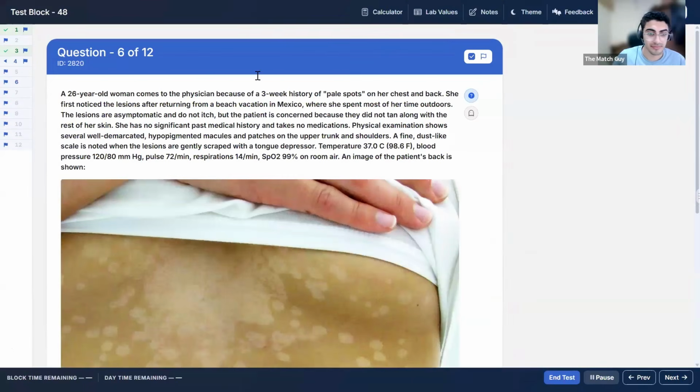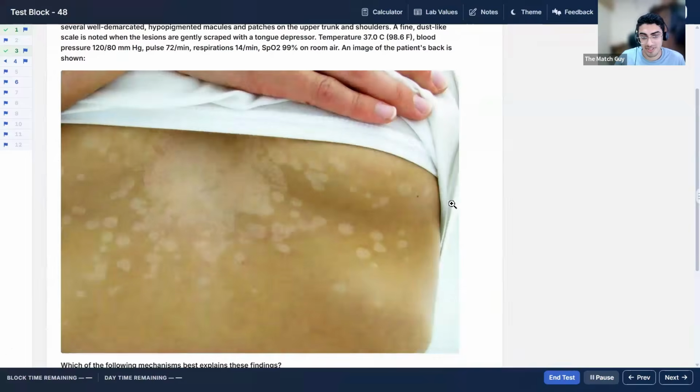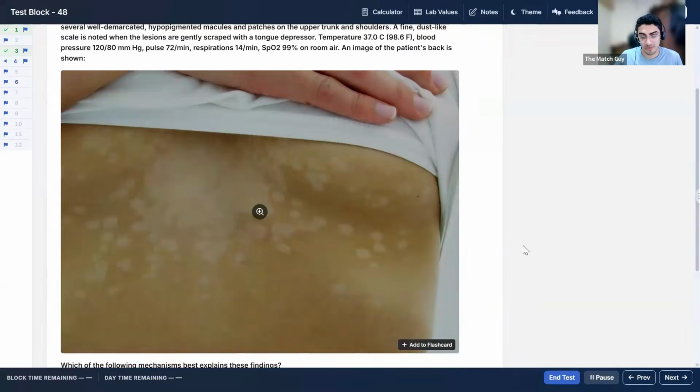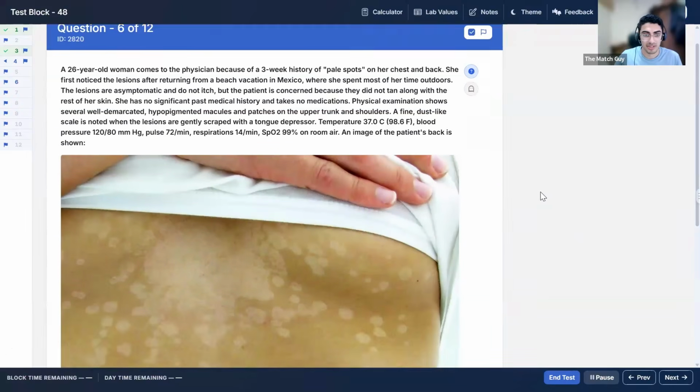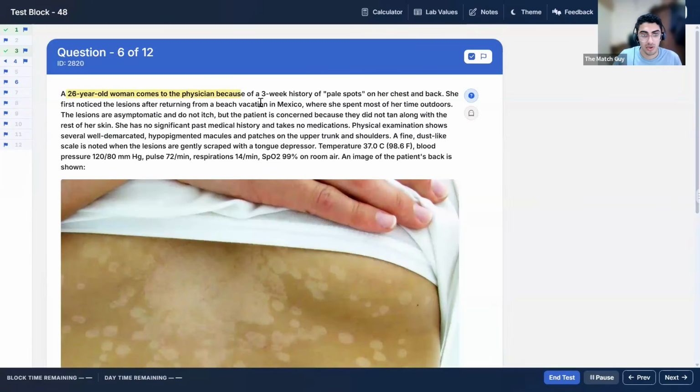All right. So this patient is presenting with hypopigmented patches. Okay, so it could be vitiligo or pityriasis versicolor. From first look, it looks like pityriasis versicolor, but let's see. A 26-year-old woman comes to the physician because of a 3-week history of pale spots on her chest and back. She first noticed the lesions after returning from a beach vacation.